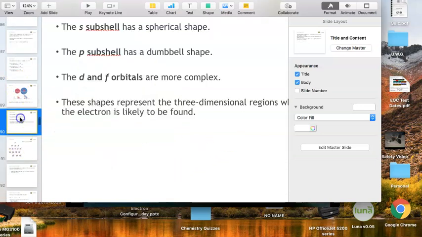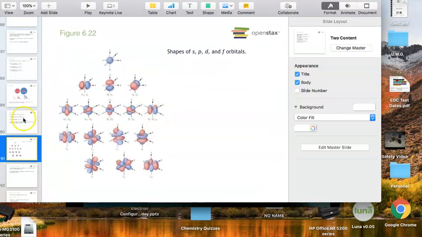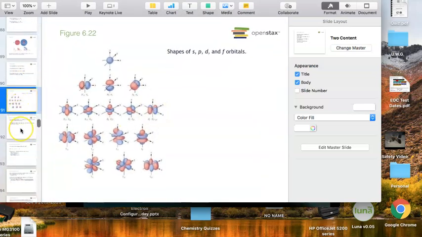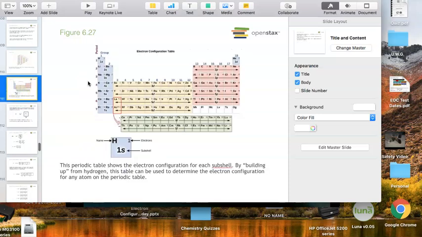All right, so now that we know what the shapes of the orbitals are, we know how many electrons we can fit in each subshell, because all we have to do is just count them. Only a maximum of 2 in an S subshell, a maximum of 6 electrons in the P subshell, a maximum of 10 electrons in the D subshell, and a maximum of 14 electrons in the F subshell.